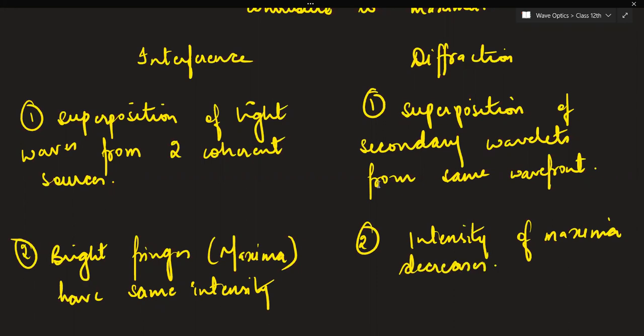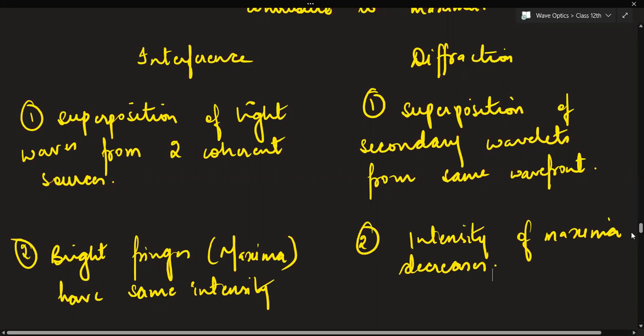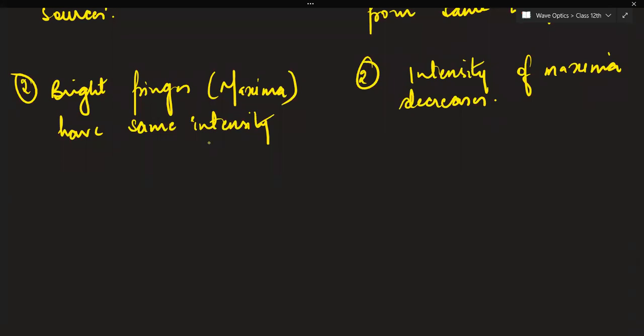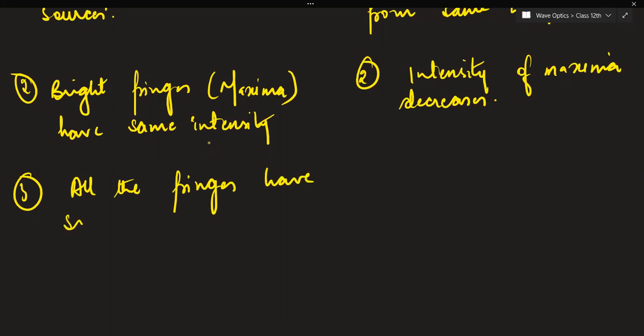And regarding the fringe width also, see, all the fringes have the same width. I'm telling you, same fringes are observed on the screen. So here you have all fringes have same width.